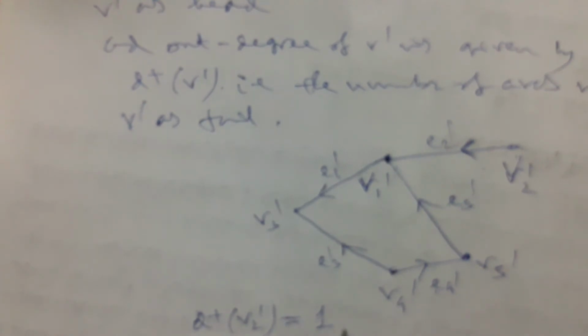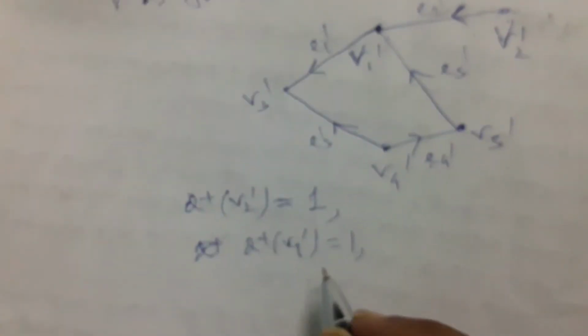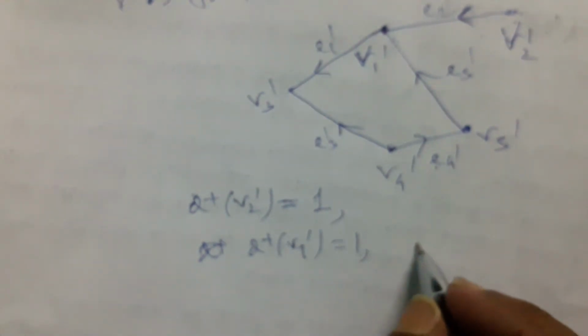And here it is also out degree from v1 dash to v2 dash, so d plus of v1 dash will also be 1.